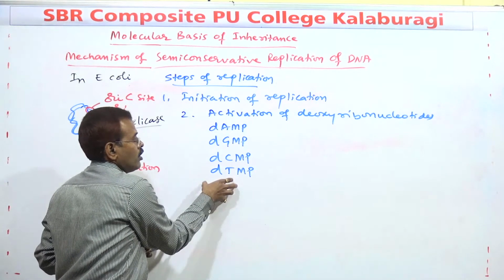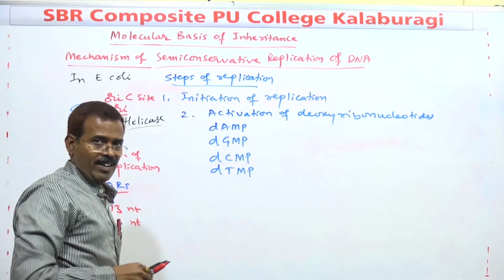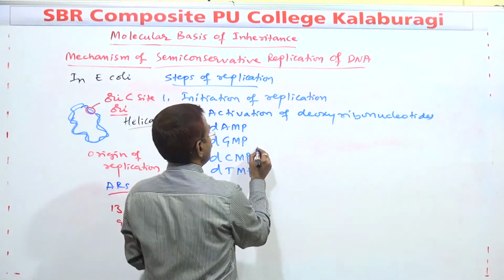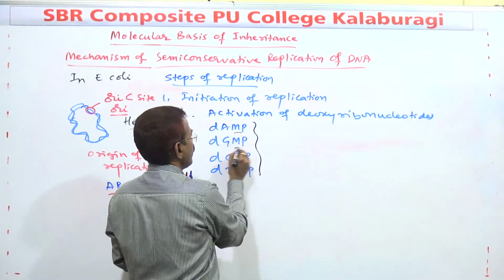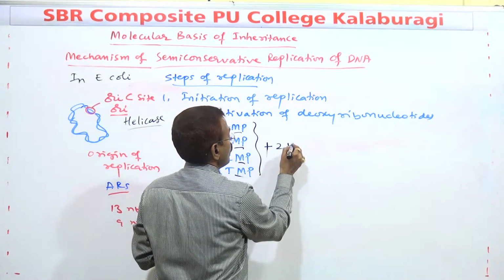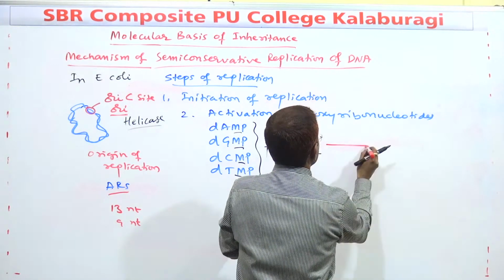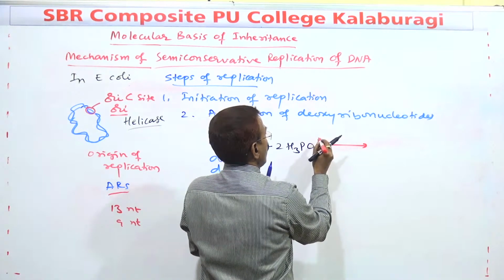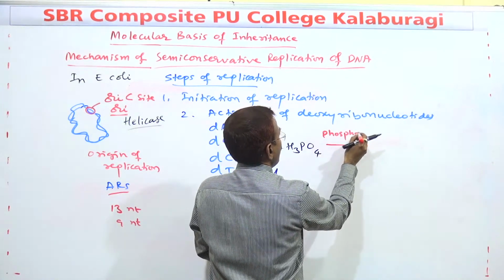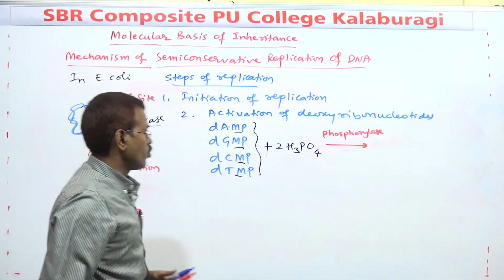Directly these monophosphates will not be used. They are activated, whatever the kind of nucleotide, by the addition of phosphoric acid, using the enzyme phosphorylase.